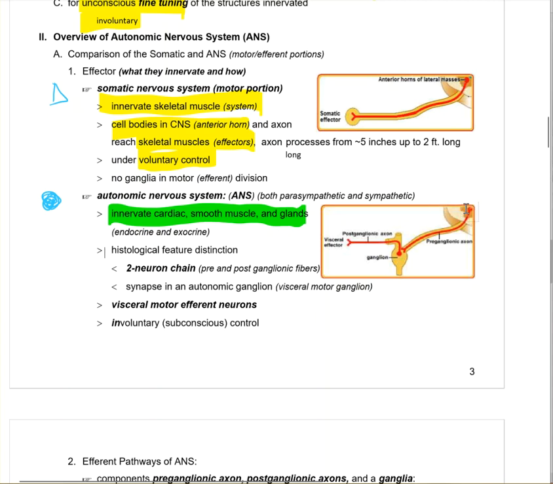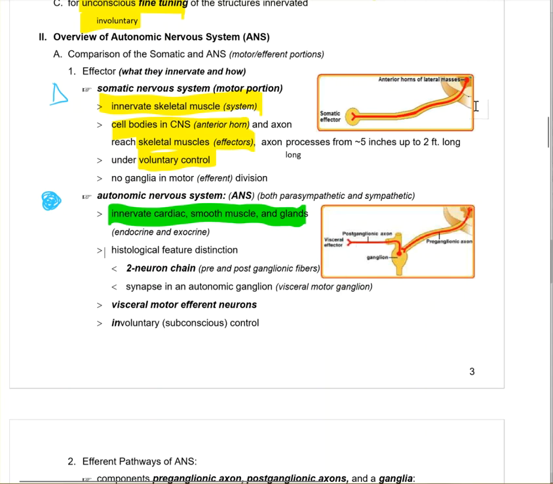But in the autonomic nervous system, in most cases, we have what's called a 2-neuron chain. So we send a message out, we go along what's called a preganglionic axon before the ganglia, and then there's a ganglia, and we have a synapse there. Then the cell body of the postganglionic axon goes out, and then it eventually will innervate the visceral effector.